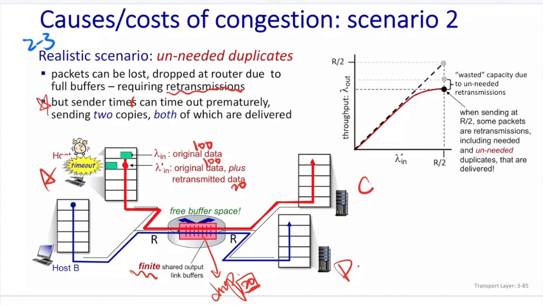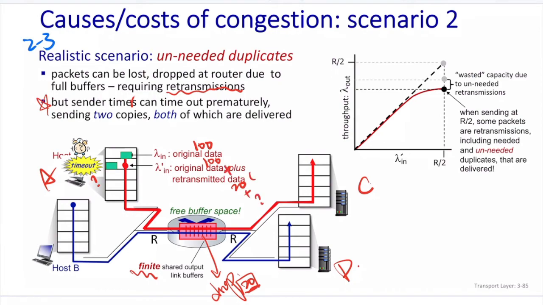At this moment, a certain amount of packets will be retransmitted due to timer timeout, but maybe that packet has already arrived at C, and you waste some link capacity to transmit such retransmitted data.